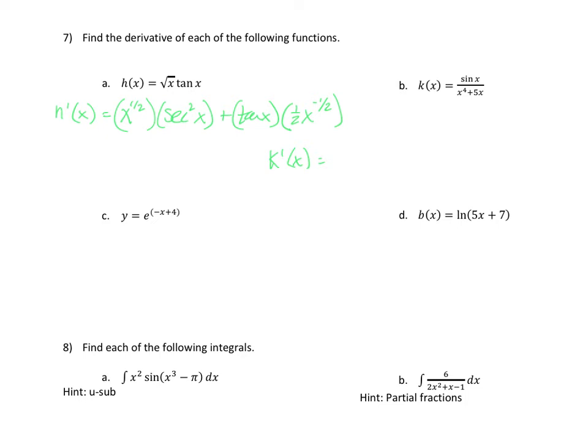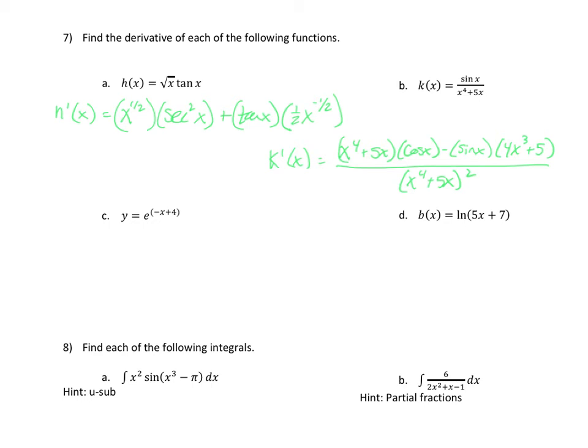Okay, denominator times the derivative of the numerator minus the numerator times the derivative of the denominator, all over the denominator squared.